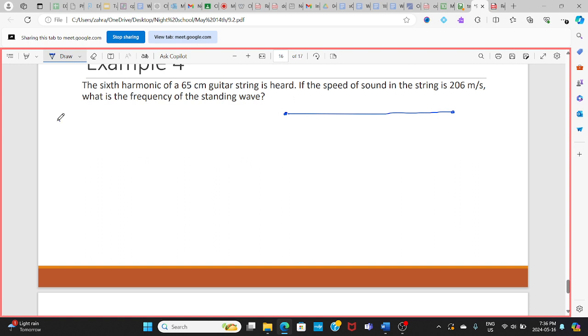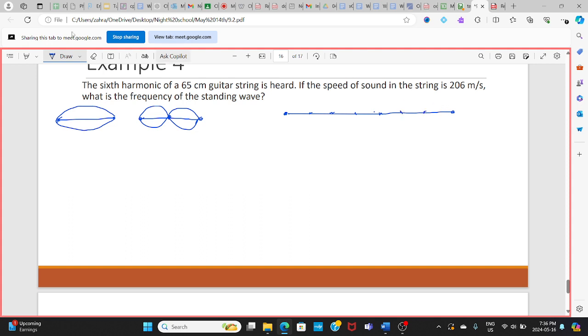For the first harmonic, let me just do that. The first harmonic is something like that, okay? For the second harmonic, you have one note here. For the third harmonic, you have two in between. So for a sixth harmonic, you have five. One, two, three, four, five.